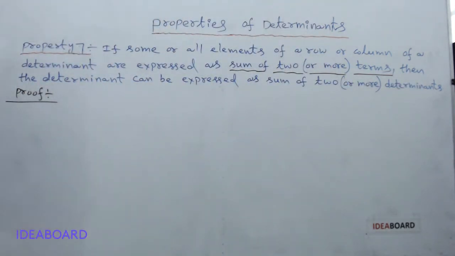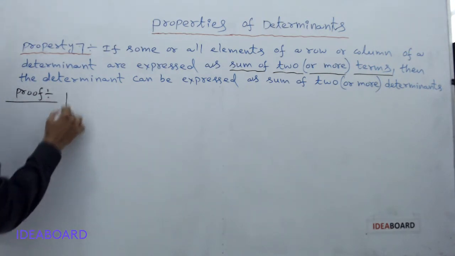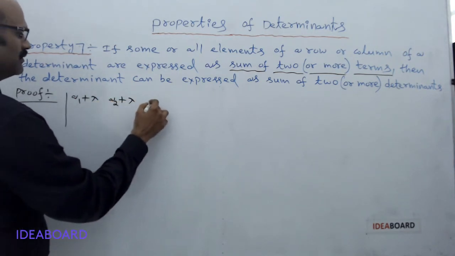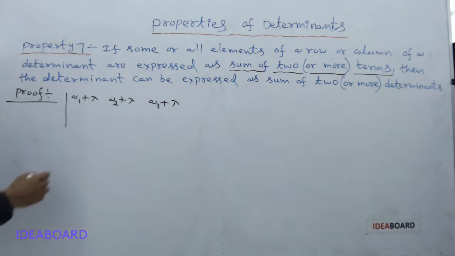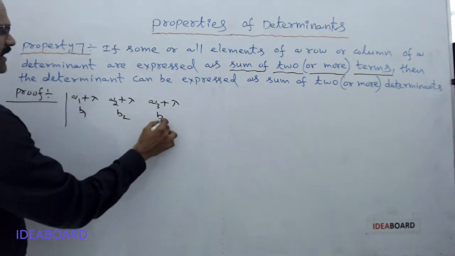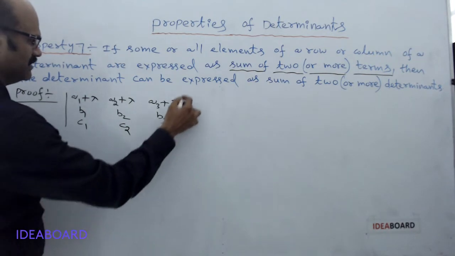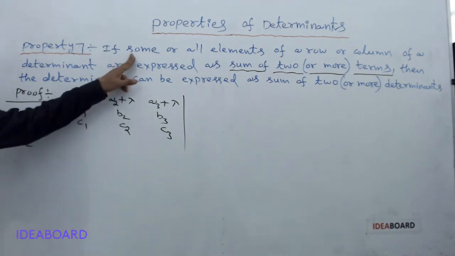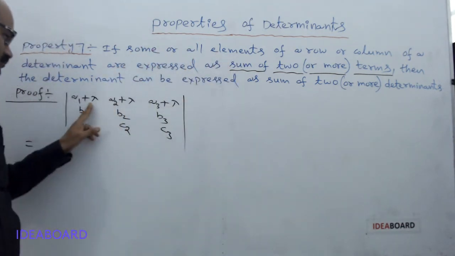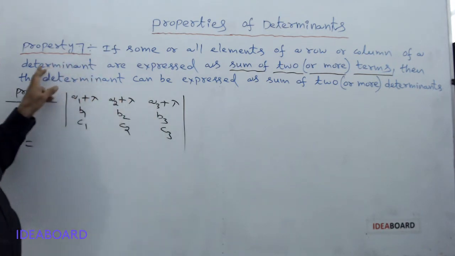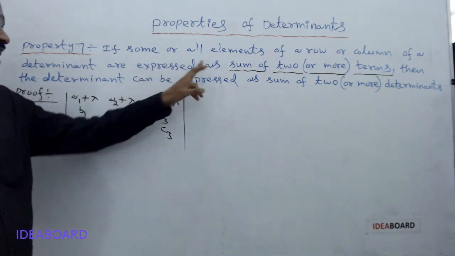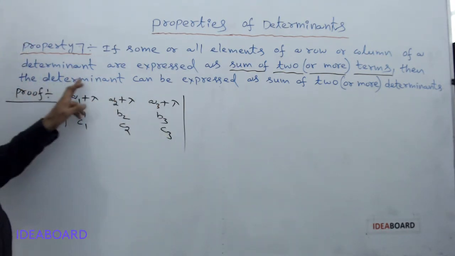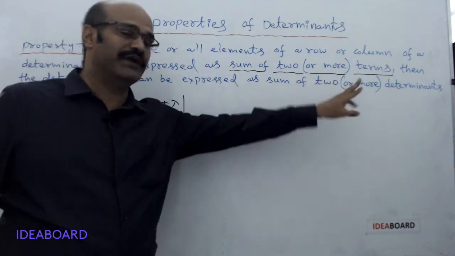That means, for example, take a1 plus lambda, a2 plus lambda, a3 plus lambda, b1, b2, b3, c1, c2, c3, which is equal to, all the elements of a row of a determinant are expressed as sum of two. See, it is sum of the two elements. Then the determinant can be expressed as sum of the two determinants.